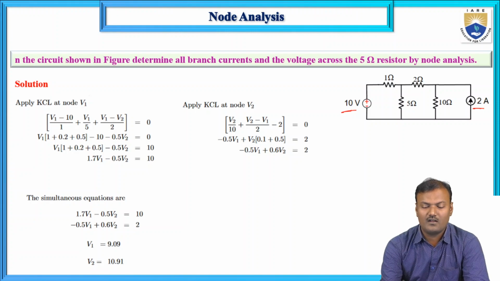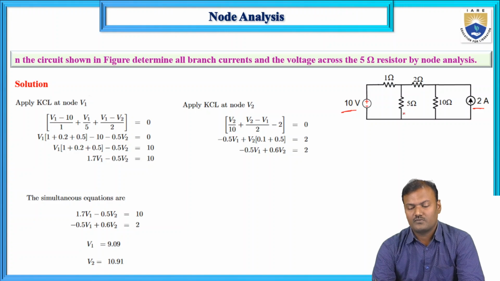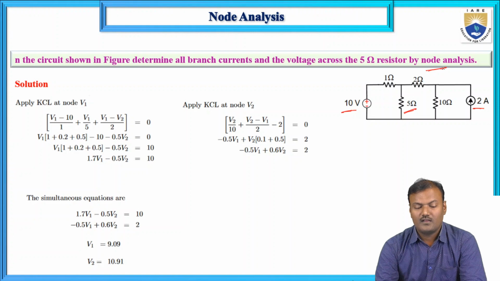So determine all the branch currents and voltage across 5 ohms. All the branch currents along with the voltage across the 5 ohm resistor by using nodal analysis. So by applying nodal analysis at node V1, the voltage at this point is assumed to be V1.